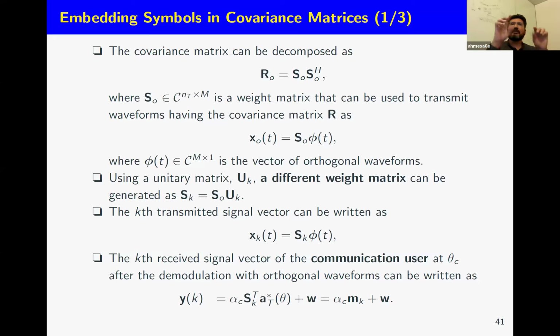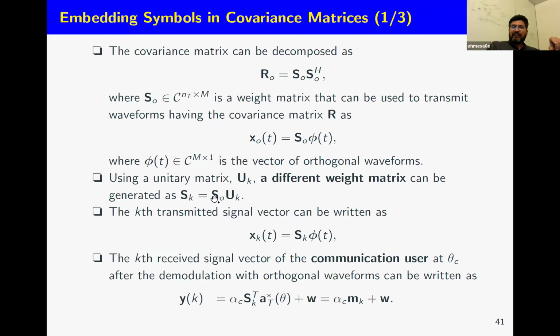Here we are assuming the square root matrix as a weight matrix, and by multiplying this weight matrix with the orthogonal waveforms denoted by this one, we can design the waveform that we transmit. So the transmitted waveform is this one, where S naught is the square root matrix and phi of t is the matrix of orthogonal waveforms.